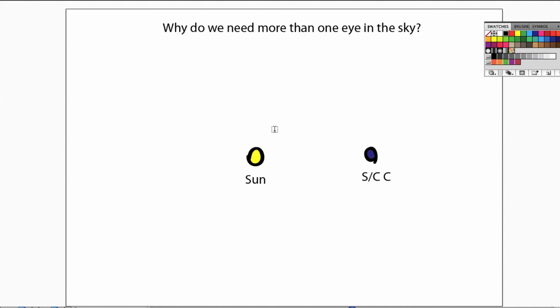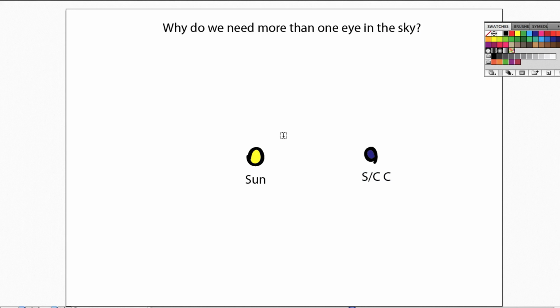What we are looking at here is a schematic illustration in the ecliptic plane, meaning that the SOHO spacecraft and the Earth and the other planets go around the Sun this way. So we're looking at the Sun from above.